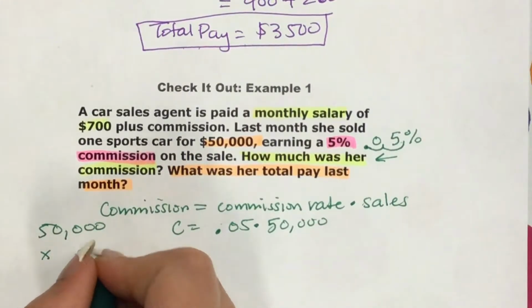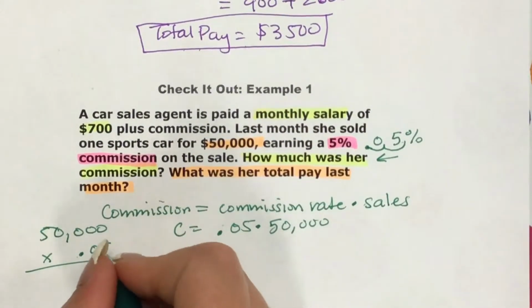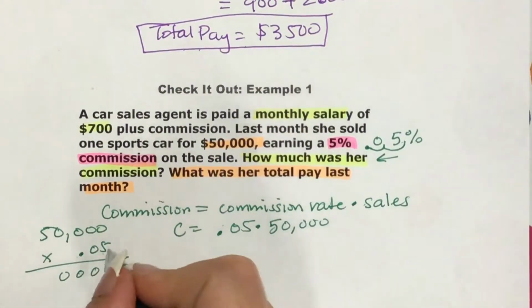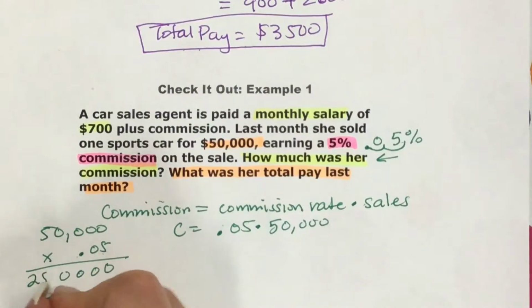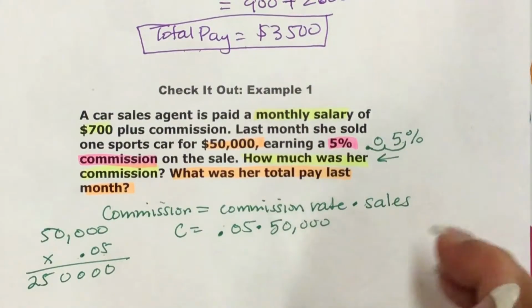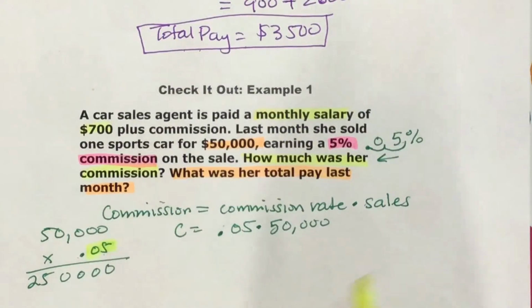So I'm just going to take these two off to the side and multiply them together. 50,000 times 0.05. And when I multiply those, I go 5 times 0 is 0, 5 times 0 is 0, 5 times 0 is 0, 5 times 0 is 0. That's a lot of zeros. 5 times 5 is 25. So then, since we're multiplying decimals, we're going to count up the decimal places. There's 1, 2 decimal places.